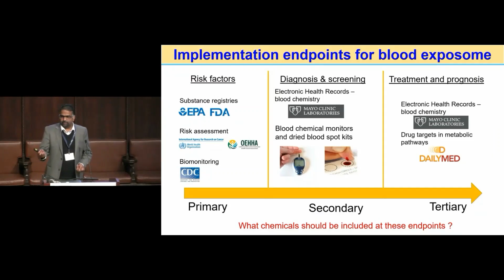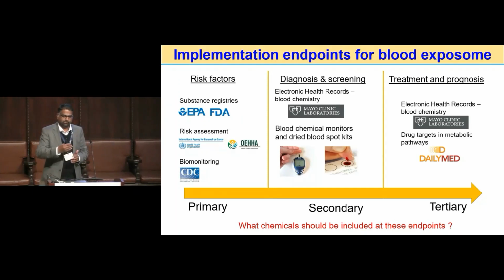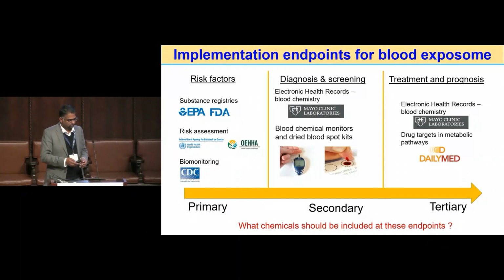On the tertiary side, I like Bob's example yesterday, that how we need to look at it from a subject, as a patient who got the disease, and how we can measure new chemicals that can affect the outcome. So those chemicals, once we discover and report in primary literature, we can recommend them to the blood chemistry panel, that they must be included in those panels.